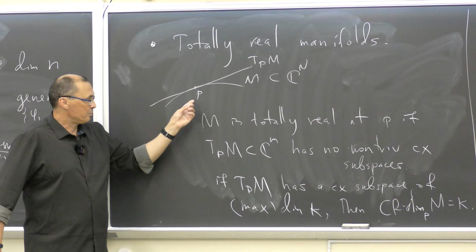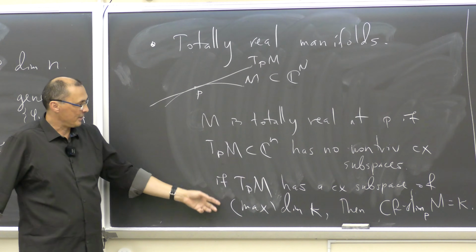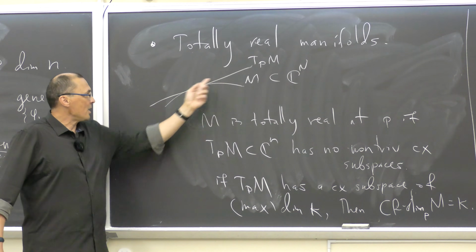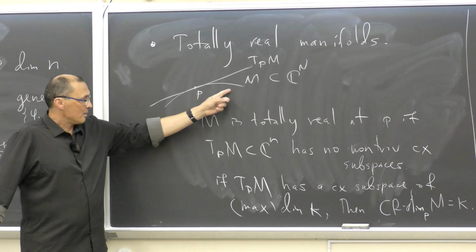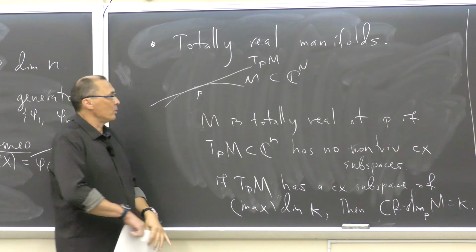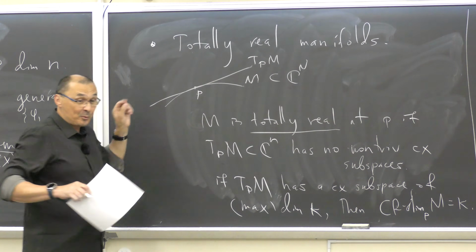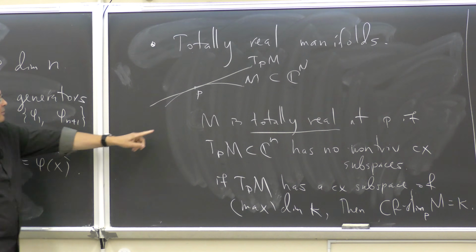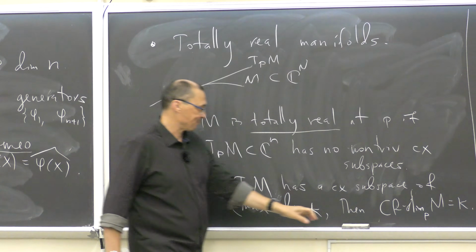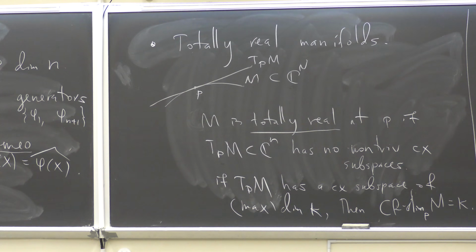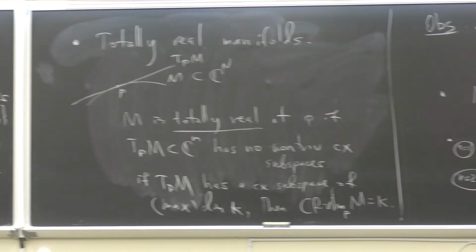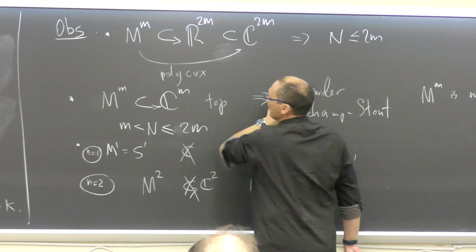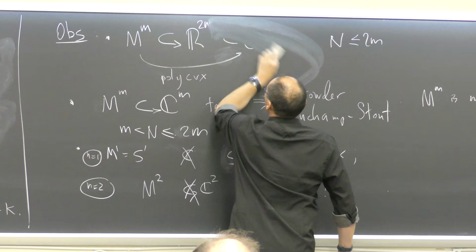And then you're going to call these CR singularities. But if this dimension is constant, then M will be a CR manifold. But in our case, we're going to be interested in totally real. So these are CR manifolds of CR dimension 0 everywhere. And totally real means totally real at every point. So as a primary example, Rm, for example, would be a maximally totally real submanifold of Cn.